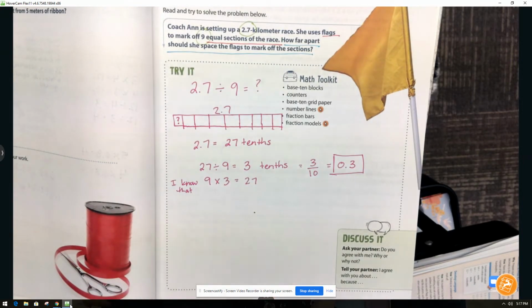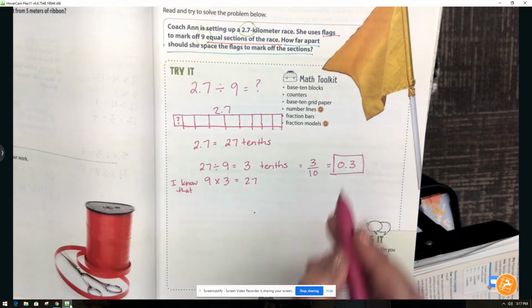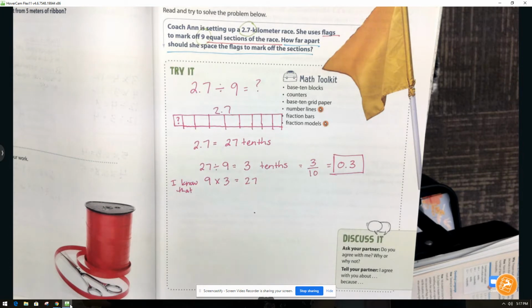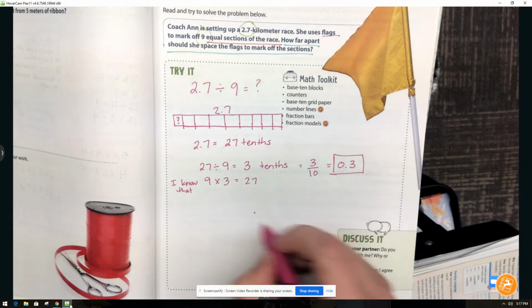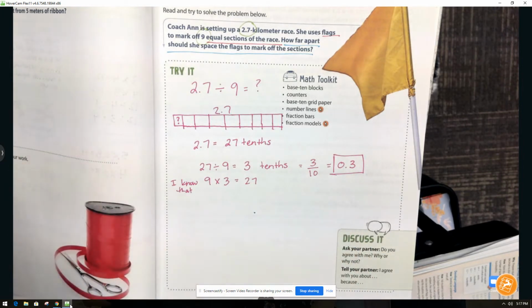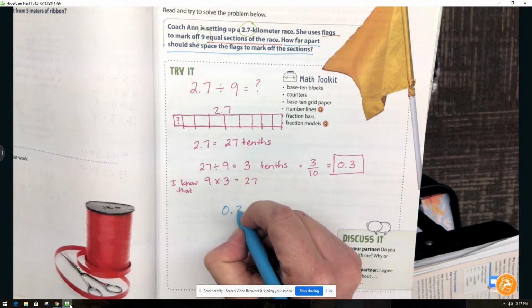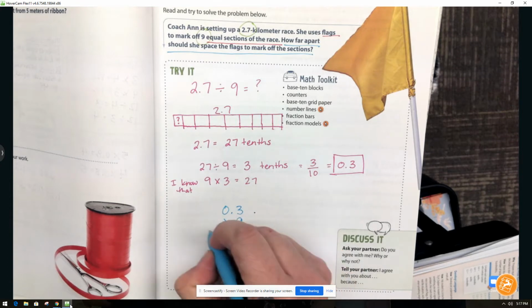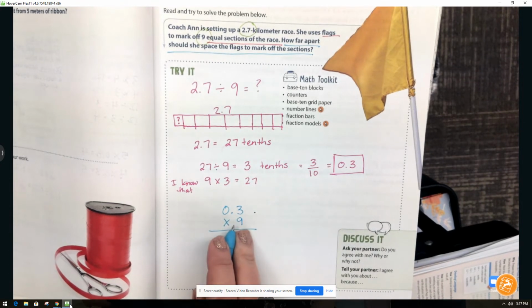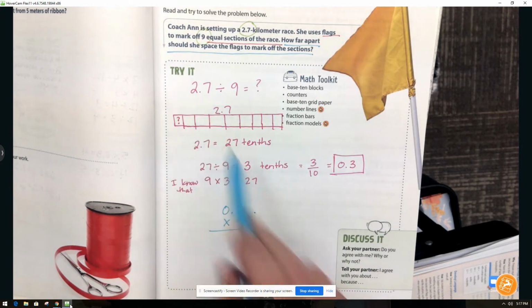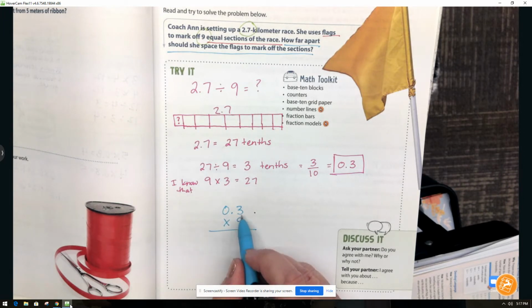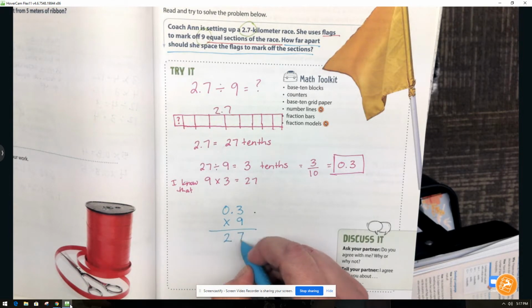Now, if we aren't sure if that's true, we can always do math to double check. So if we had, I'll go ahead and use a different color, 3/10 and we multiplied it times 9, because we have 9 parts, our answer should be 2 7/10. Well, remember, we ignore the decimal when we're multiplying decimals. 9 times 3 is 27.